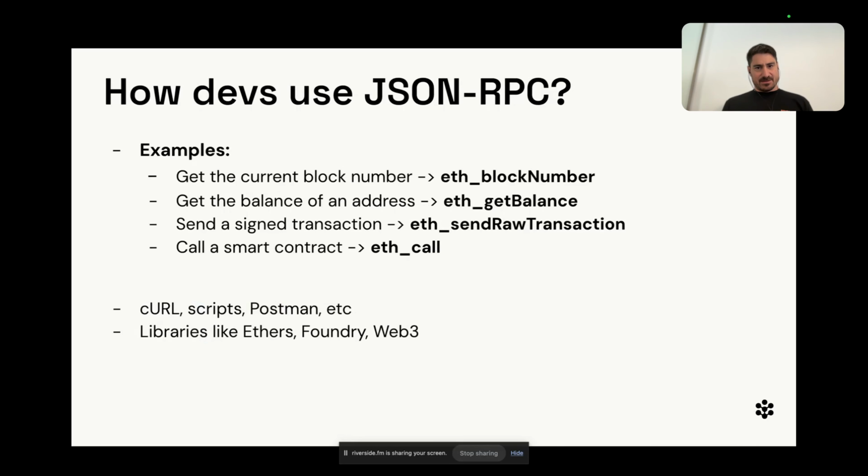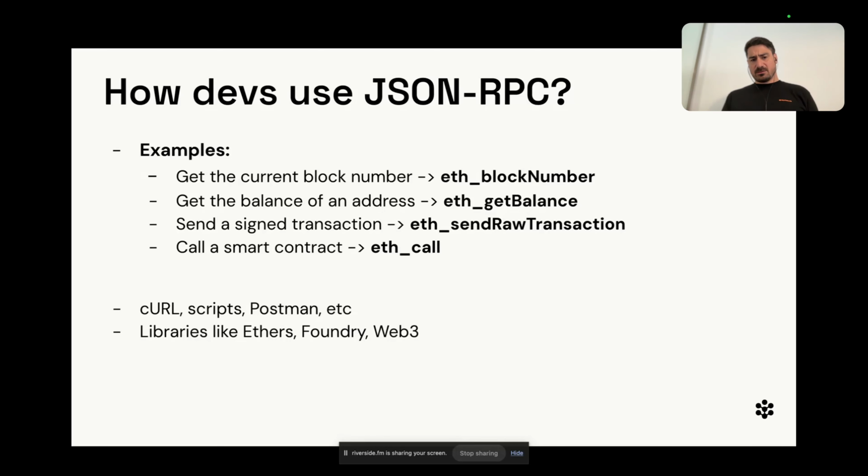Okay. So how can developers use the JSON RPC? As we saw, as one example, you can get the block number. You can get the balance of any address. You can send transactions. You can call any function or method on a specific contract that you want.